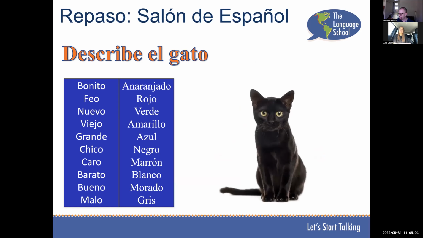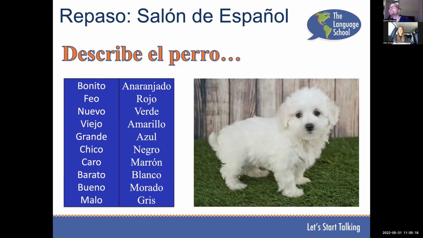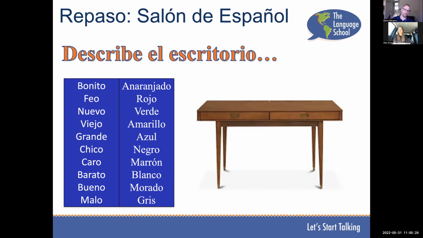Describe el gato. El gato es chico y negro. Describe el perro. El perro es bonito y blanco. Describe el escritorio.